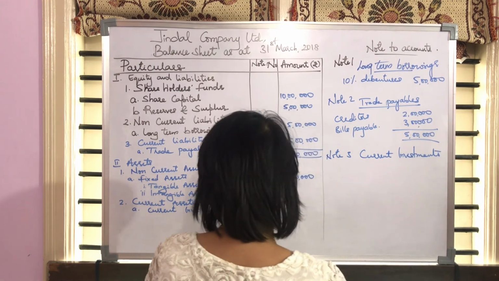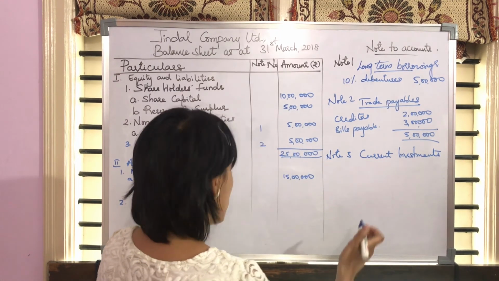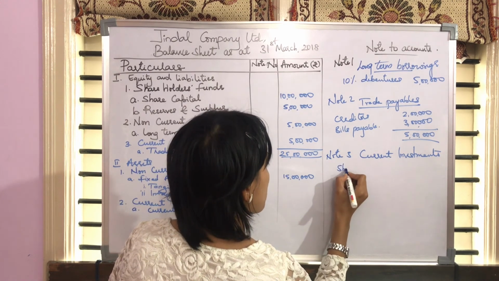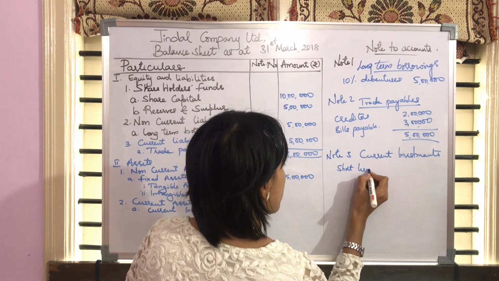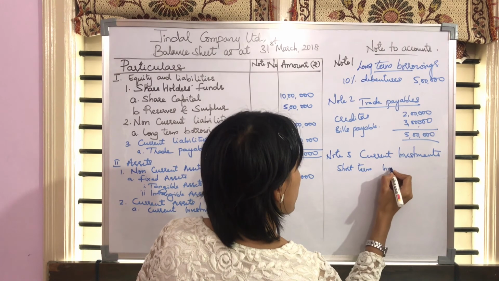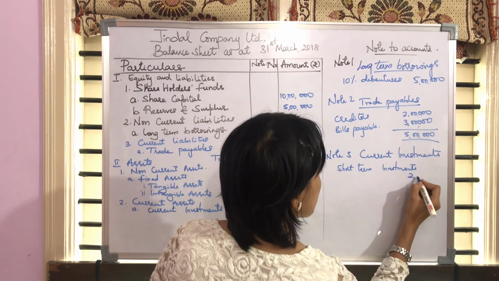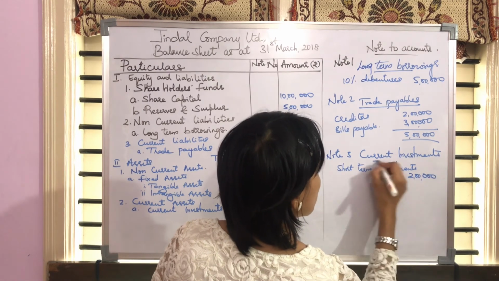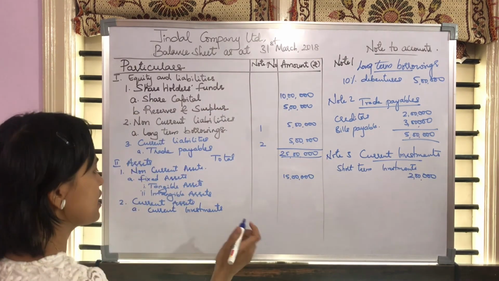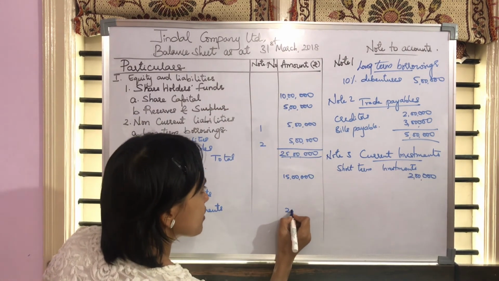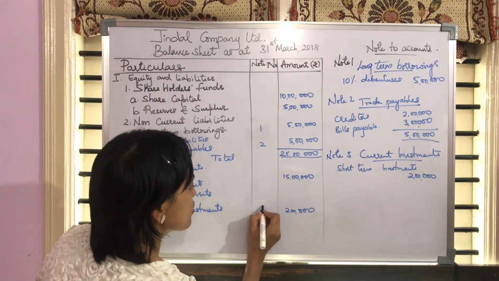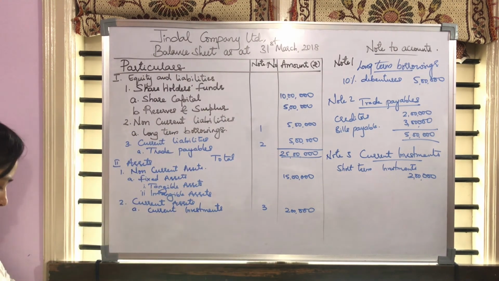For this, we have an item called short-term investments. Amount is rupees 2 lakh. There's only one item, so directly I will write 2 lakh in the balance sheet. I will refer this as note number 3.